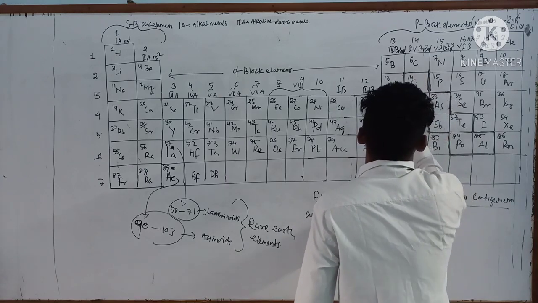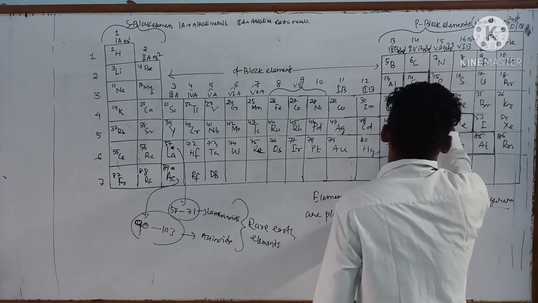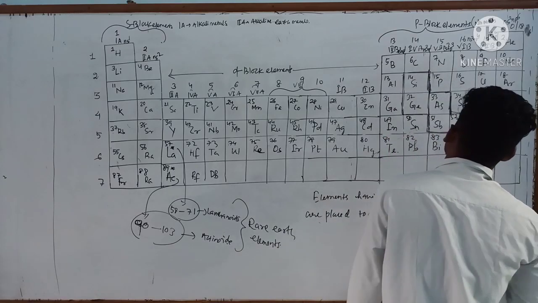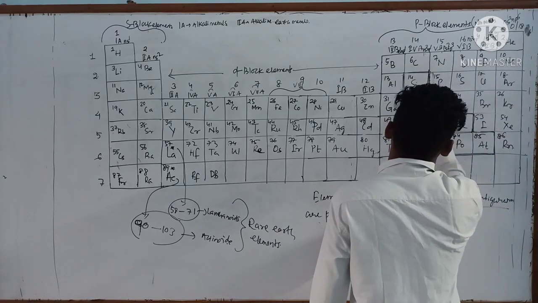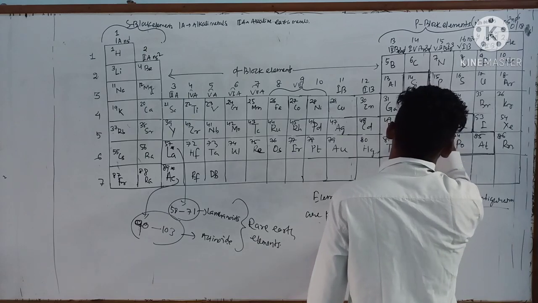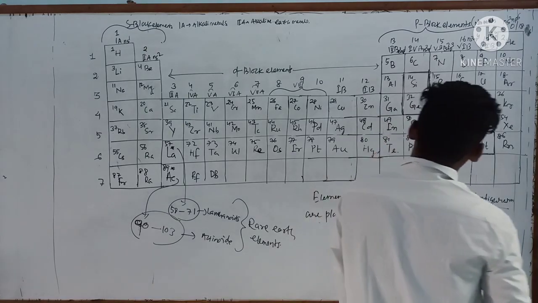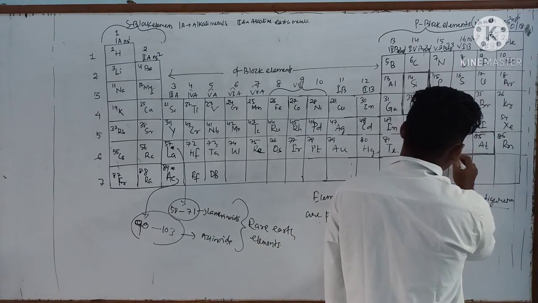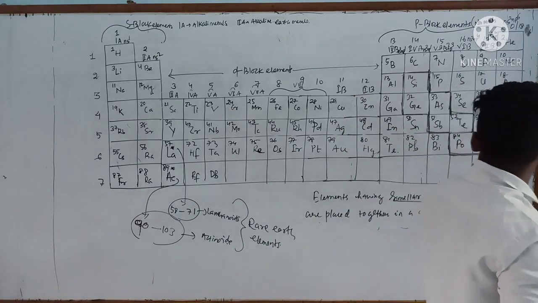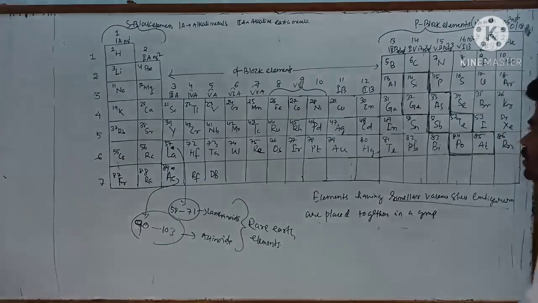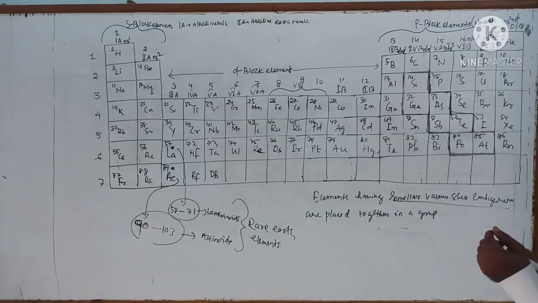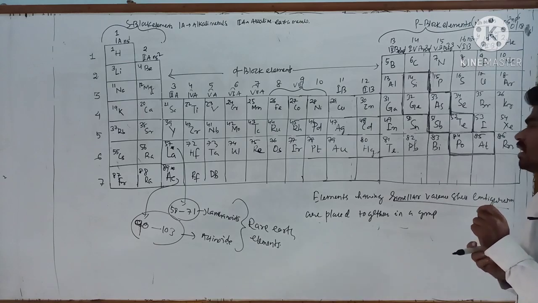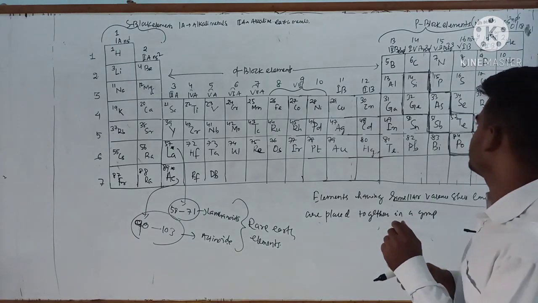Metalloids means having properties of both metals as well as non-metals. These diagonal elements have properties of metals as well as non-metals, so these are called metalloids.